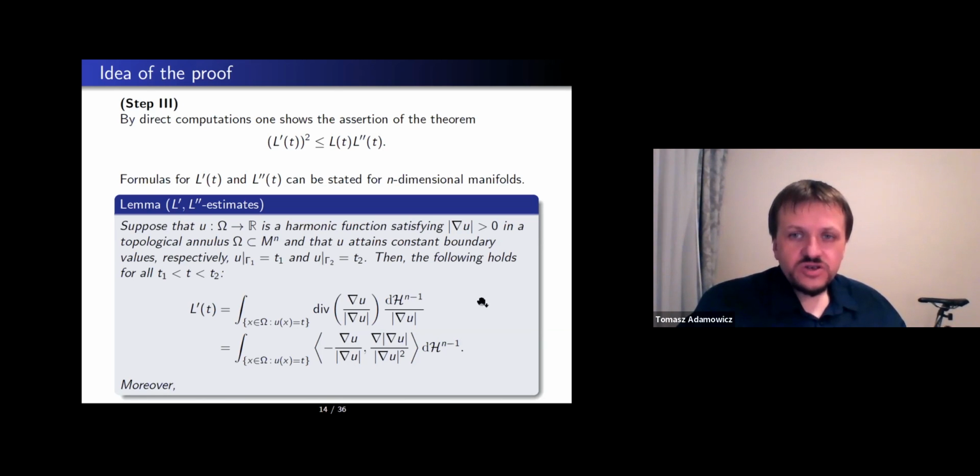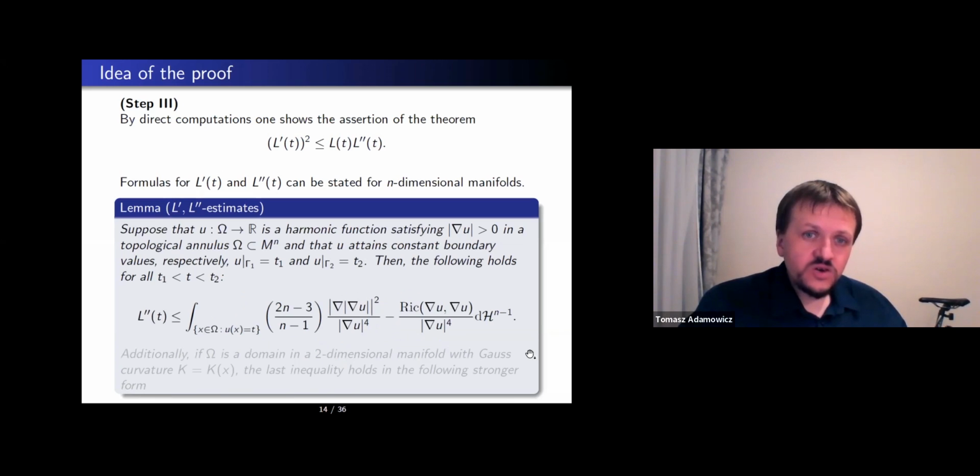If u is a harmonic function with a gradient non-zero in a topological annulus in an n-dimensional manifold. So we don't know if beyond dimension 2 it's true that the gradient is not vanishing, and that's why we need to assume it. And u is a solution to the Dirichlet problem with constant boundary data. Then we have two formulas for L', the first one and the second one.